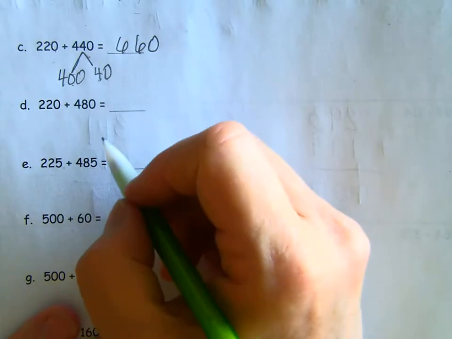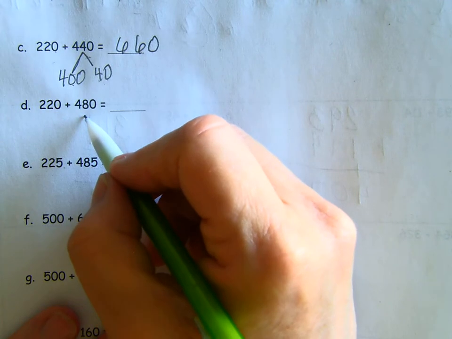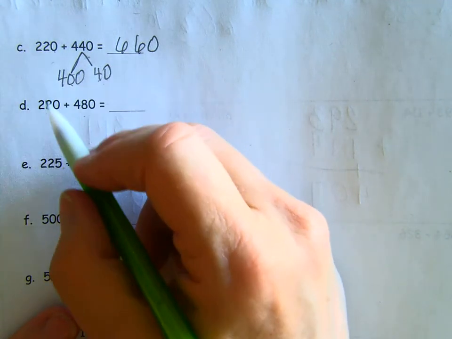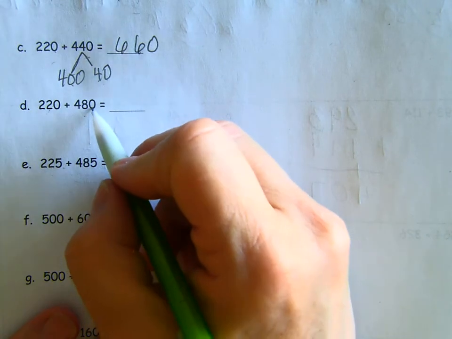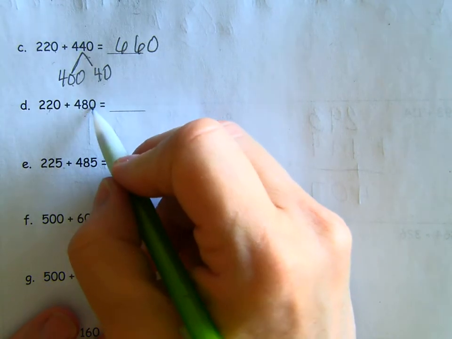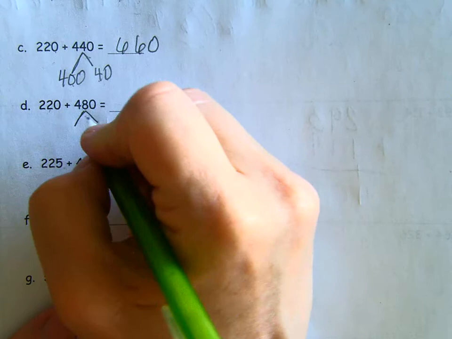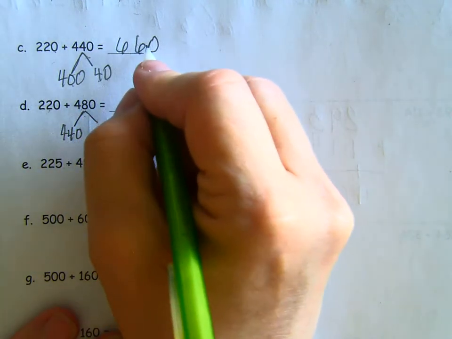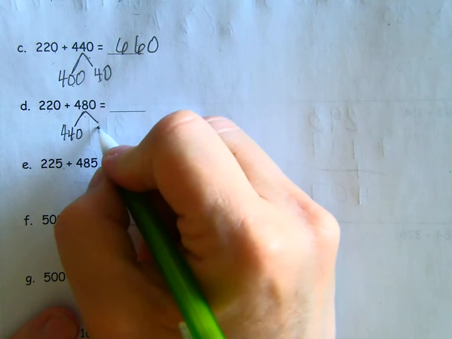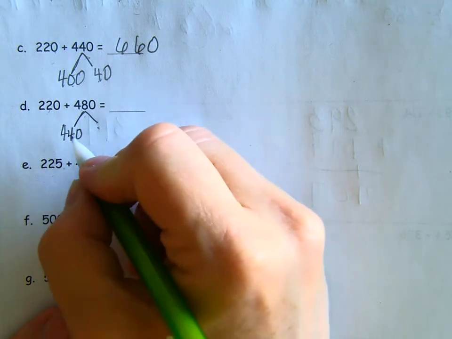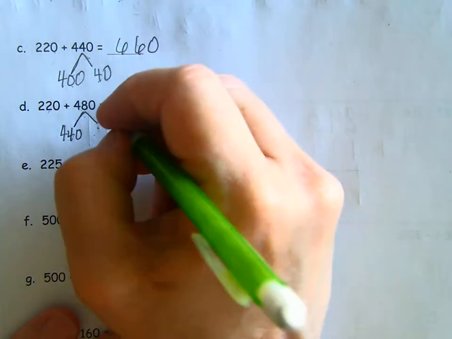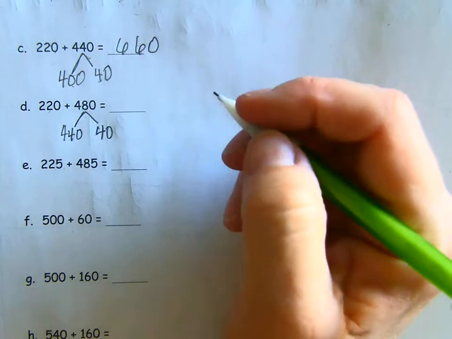So now, how is this one different? Still have 220. Now we have 480. If I decompose that into 440, which is what we did already, what would the other part be? 480 would be 440 and 40.